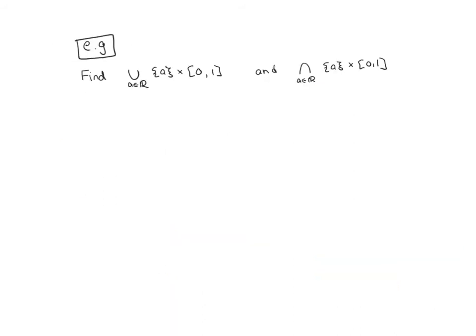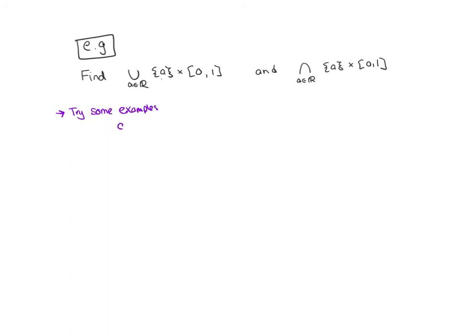Okay, let's go through some examples here. So if I want to find the union of all sets of the form A cross [0, 1], where A is going to be allowed to be any real number. Before we get into this, let's just try some examples to get a feel for what this set looks like.